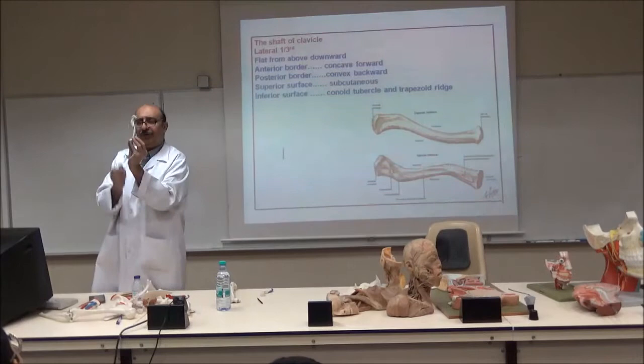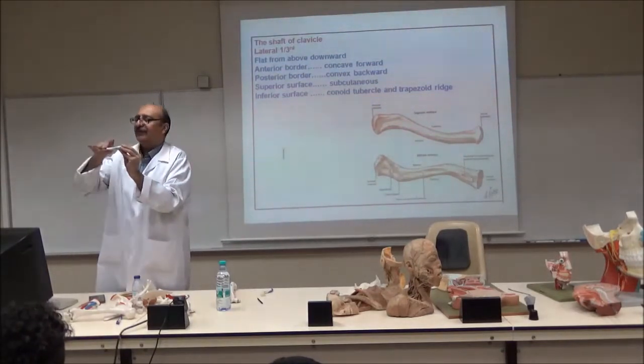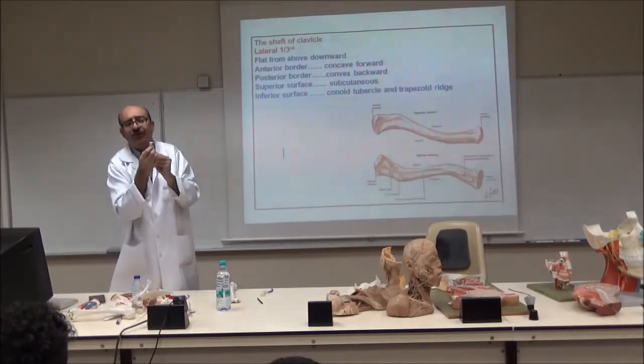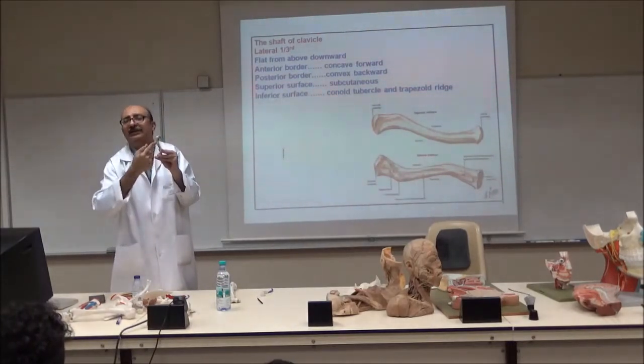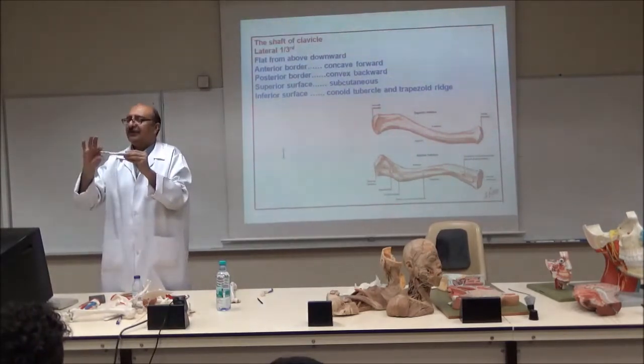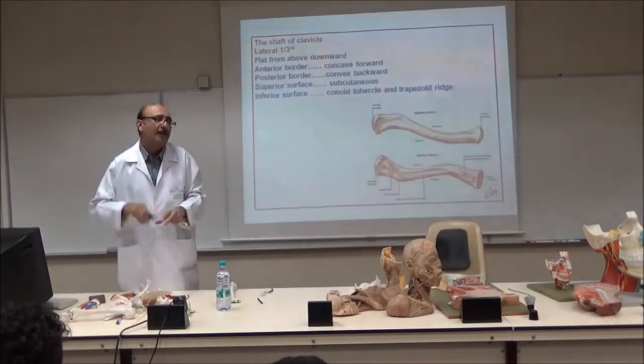If you see the bone like this, it's slightly S-shaped. This is the smooth surface, this is the inferior surface with a groove and a conoid tubercle. Tubercle is an elevation. Clear now?